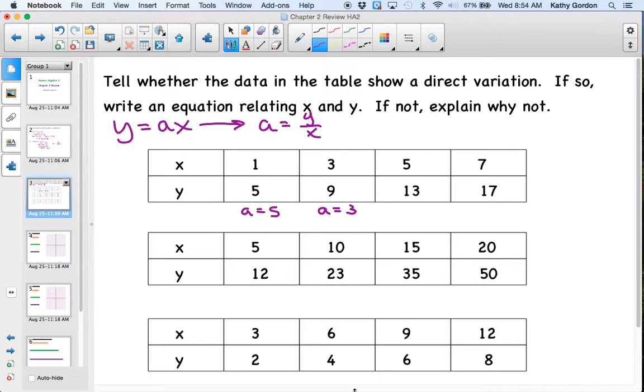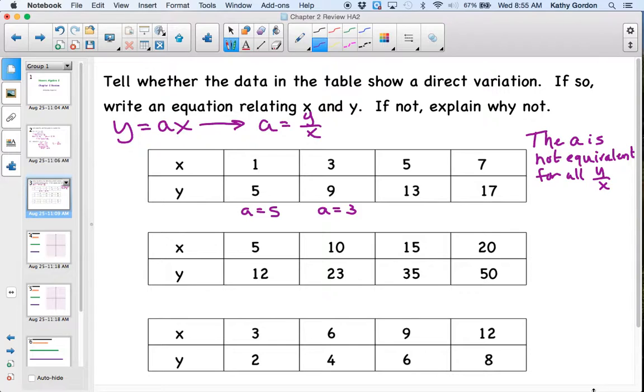So the reason here, when we get to the step of explain why not, your why not is that your constant of variation, or your a value, is not the same. Every time I take y over x, I'm not getting the same answer.